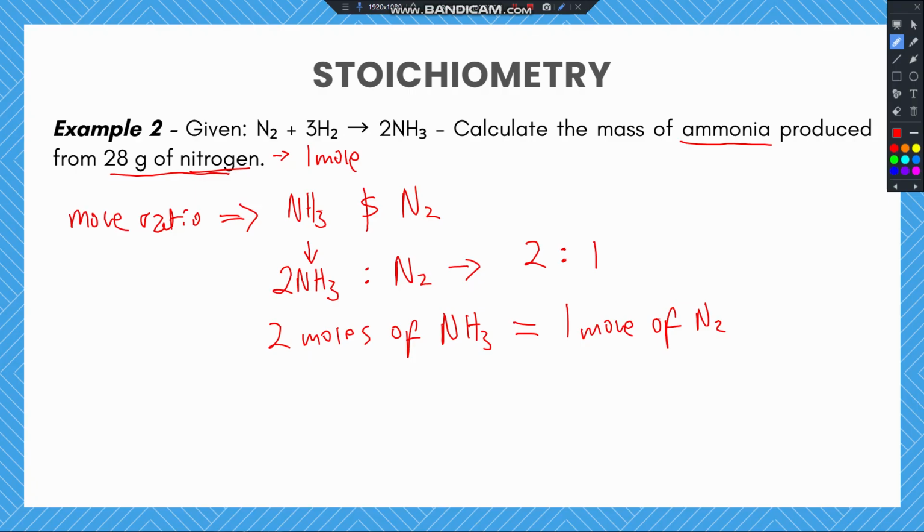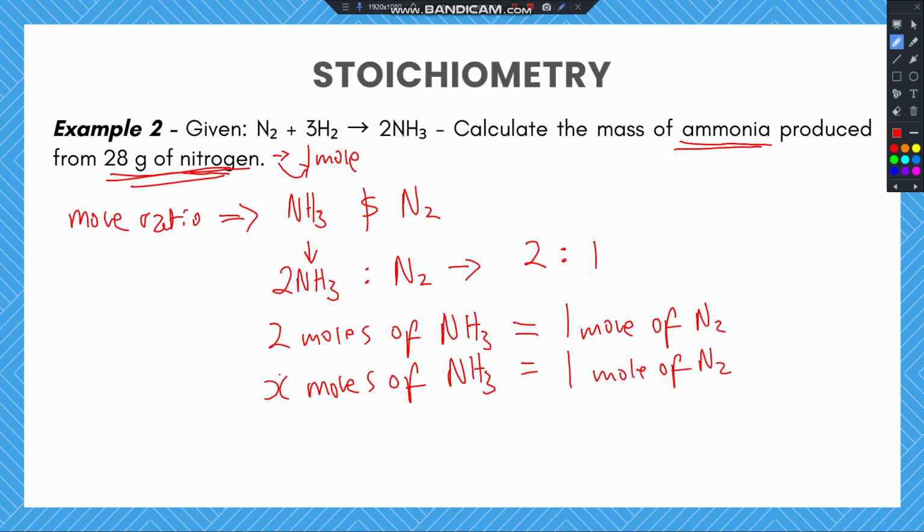Step number 3 would be to apply the mole ratio to obtain the number of moles of ammonia. So how do we do that? We simply say X moles of ammonia NH3 will be produced by, now we've converted 28 grams of nitrogen to become 1 mole, so we write 1 mole of nitrogen N2.